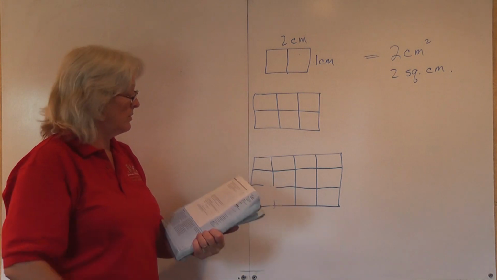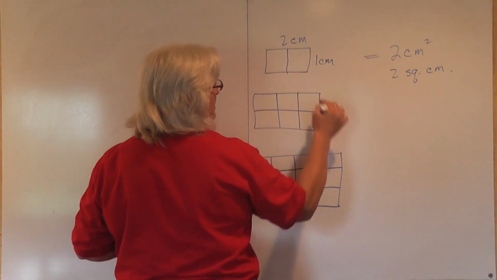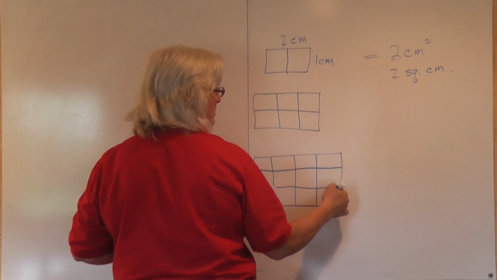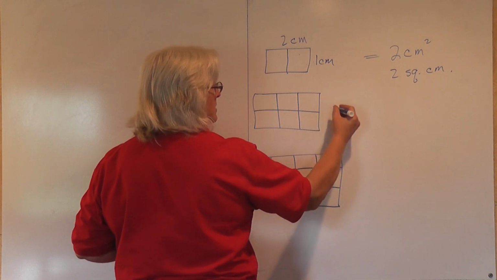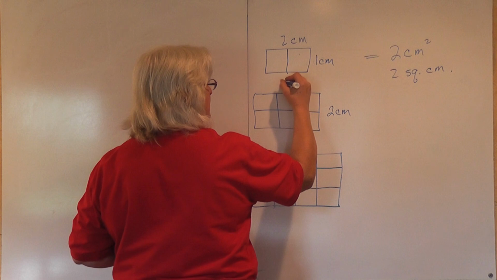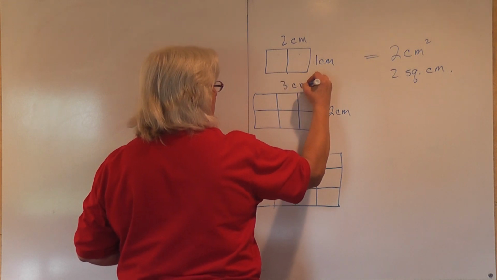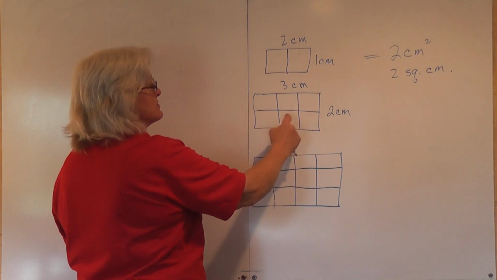Okay, now the second one that we have here, if these are the same unit squares, where we have a centimeter on each side, this width here is 2 centimeters. This length rather here is 3 centimeters. How many unit squares?